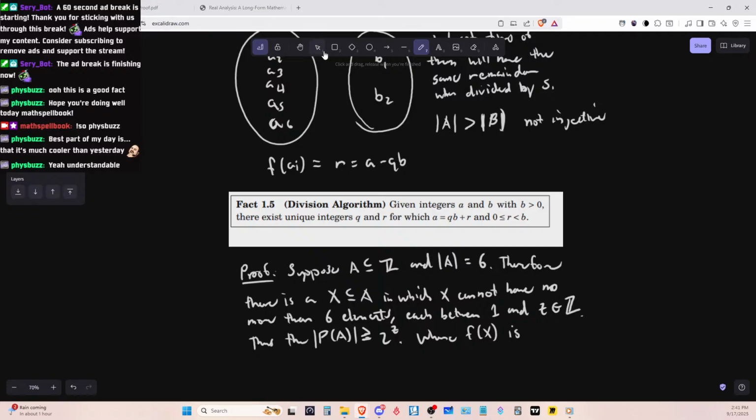So instead of b, we can replace that with 5. I mean, instead of q, we can replace that with 5.